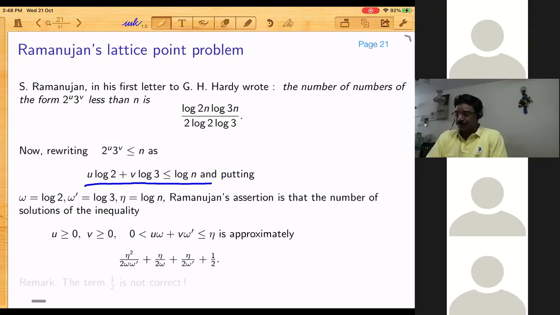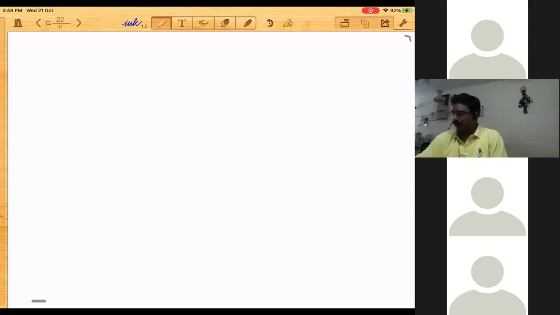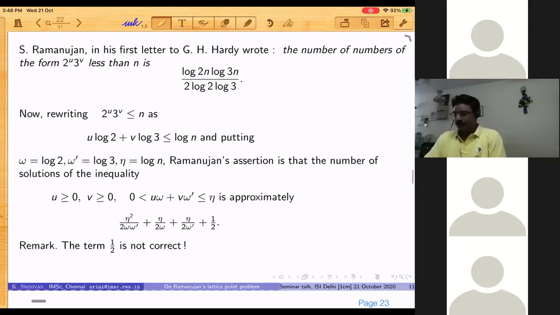Then Ramanujan's assertion is that the number of solutions of the inequality is approximately eta square by 2 omega omega prime plus eta by 2 omega prime plus half. Interestingly, like many of his results, which contain some mistakes, this half is not correct.